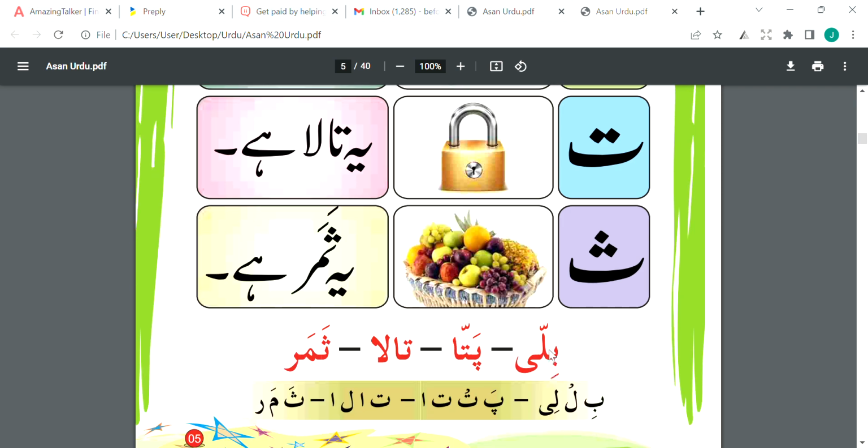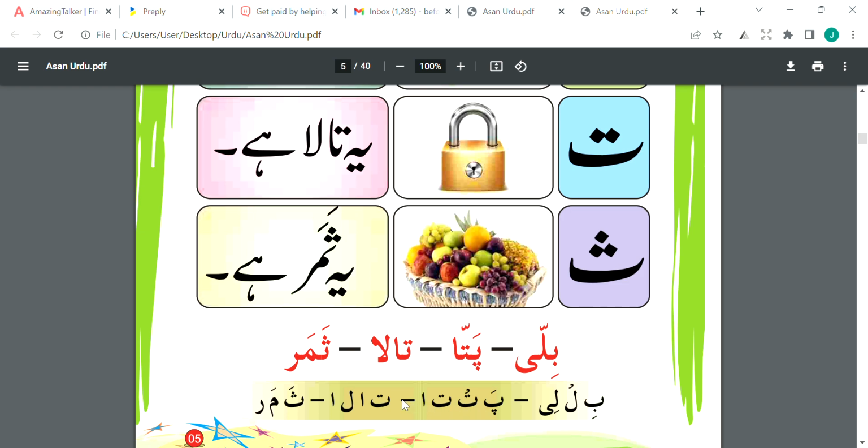As you can see, the first one was billi, cat. It has four letters. Be, lam, lam, ye. When you put them together, you get billi. Billi is cat. The second one was a leaf, which is patta in Urdu. So, pe, te, te, alif is patta, a leaf.